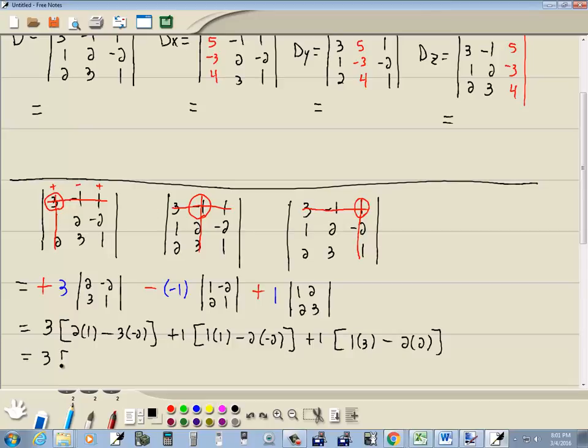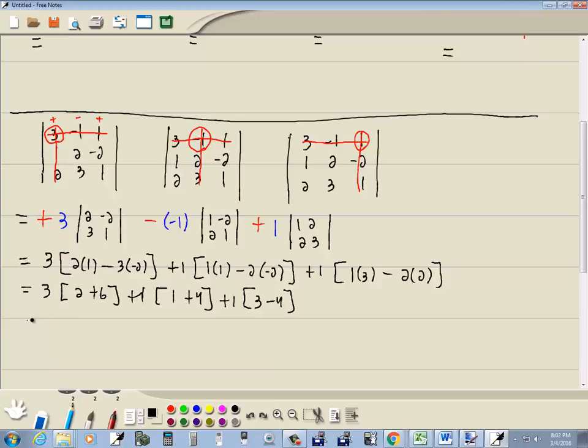So we've got 3, we've got 2, -3 times -2 is a positive 6, plus 1 times, 1 times 1 is 1, -2 times -2 is 4, plus 1, 1 times 3 is 3, -2 times 2 is -4.